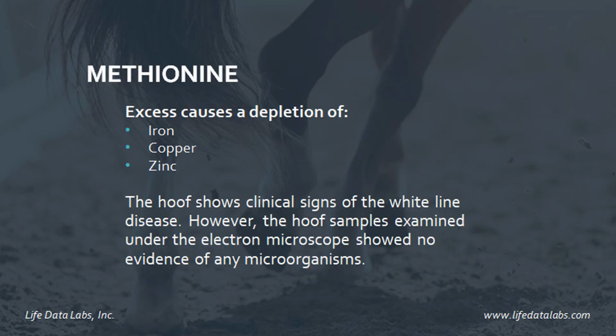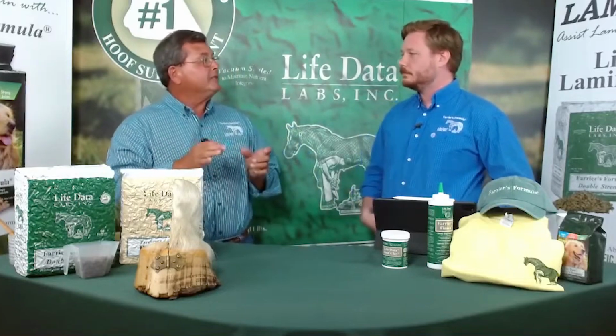Another problem that we can get into can come about from too much methionine in the diet of the horse. Most of what we feed, as far as a complete feed, is going to have methionine in it. If we're feeding 2 or 3 supplements to the horse, then you can almost bet that every one of those is going to have methionine in it as well.